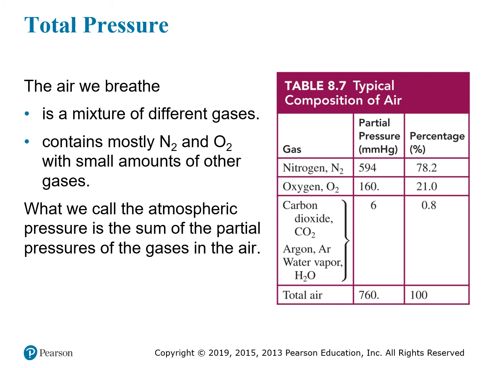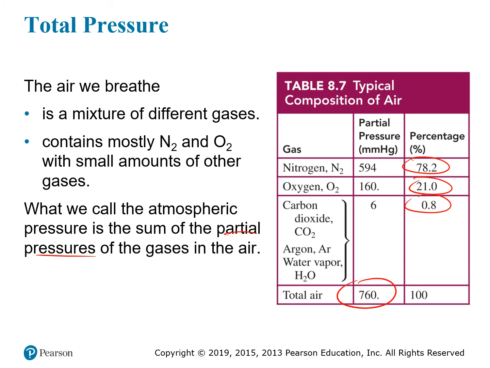So for instance, the air we breathe is a mixture of different gases. It's mostly nitrogen. It's about 78.2% nitrogen and 21% oxygen, and then less than 1% of other trace gases like CO2 and water vapor that we exhale, argon, other things like that. So what we call atmospheric pressure, which is 760 millimeters of mercury, or 1 atmosphere, is really the sum of the partial pressures of those different gas components.